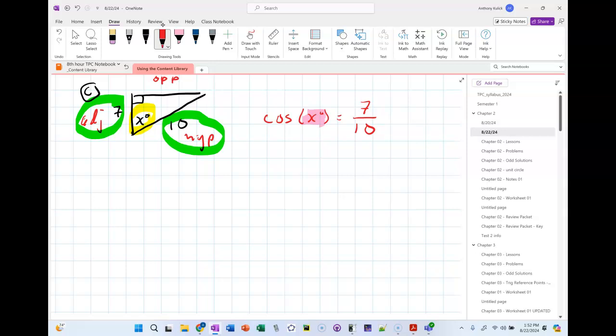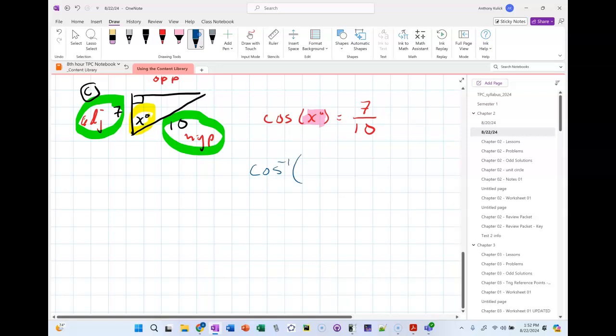Not division, not multiplication, not subtraction, not addition. A whole new operation. Nope, it's one you said already. Oh, the inverse? The inverse. Which inverse? Cosine inverse, yes. So we'll do cosine inverse of both sides.